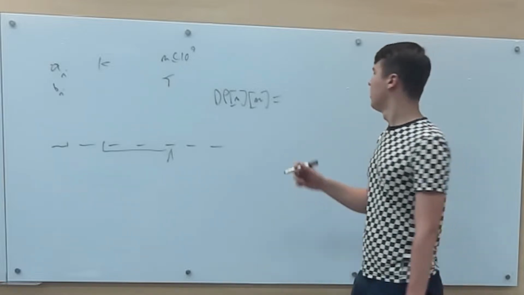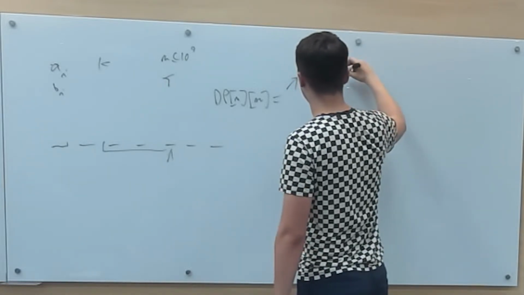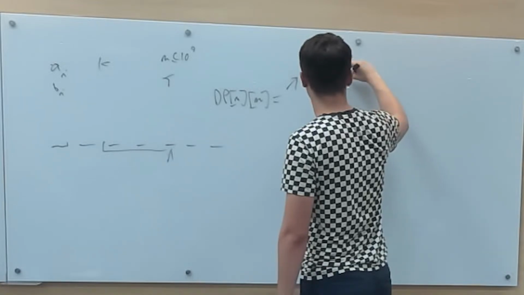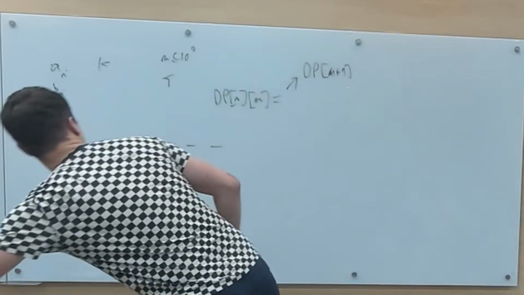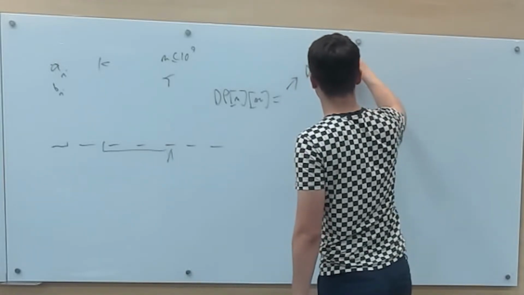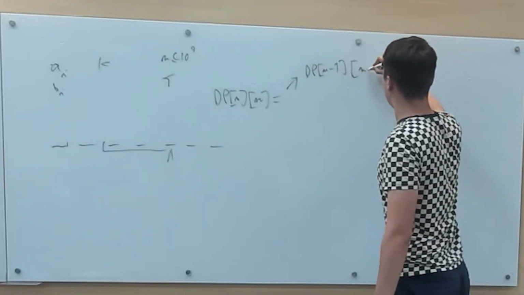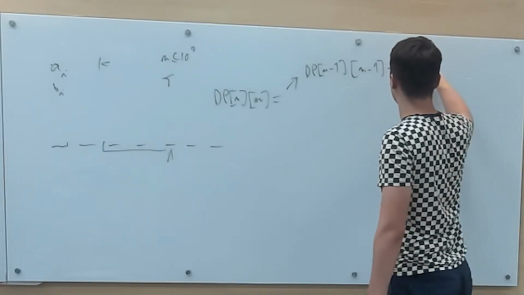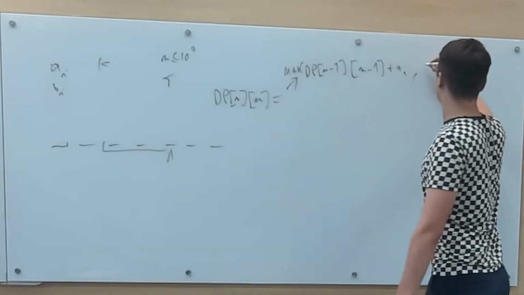If we pick AI, then this goes to DP n minus 1, m minus 1 plus AI, max 0.